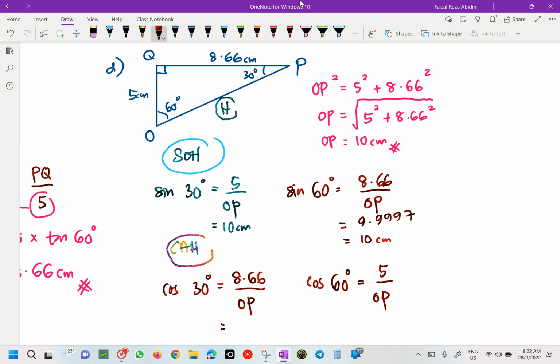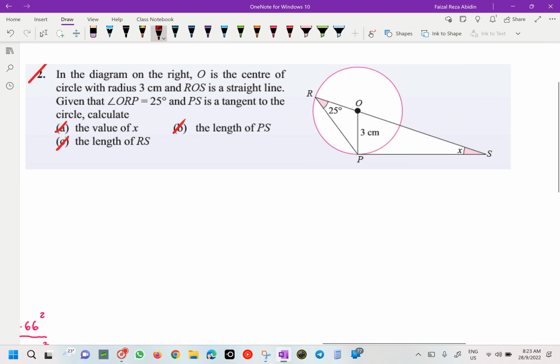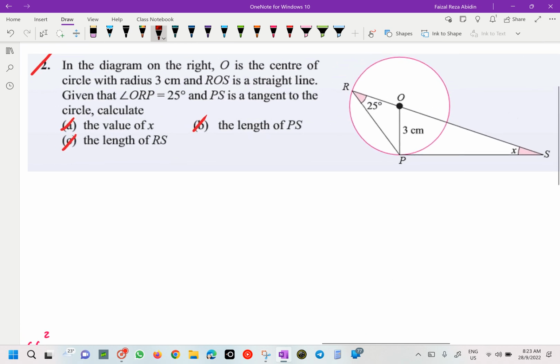So it's going to be 10 over here. For our OP there, 5 divided by cos 60, straight away 10, isn't it? So there are 5 ways to find our answer here. Can class? Can I proceed? Thank you. We go for our number 2 here.